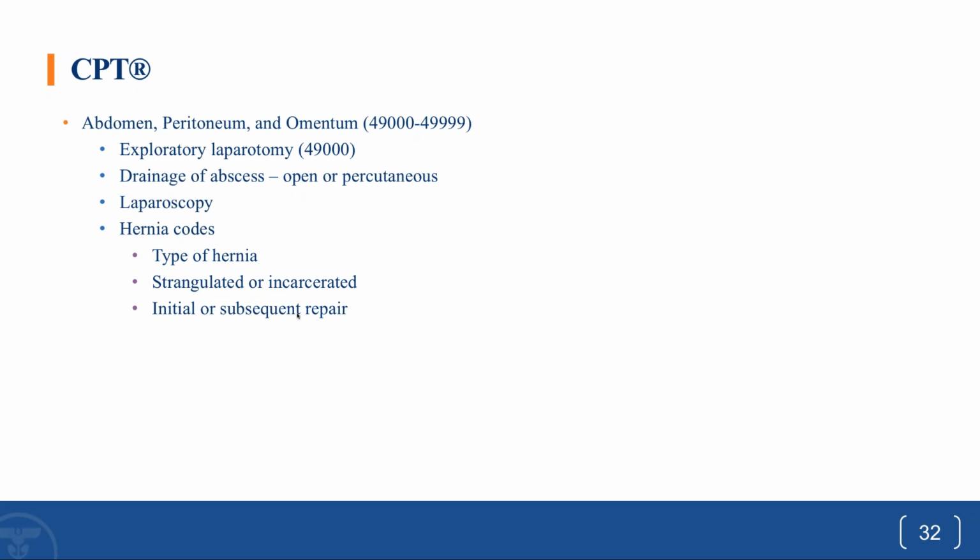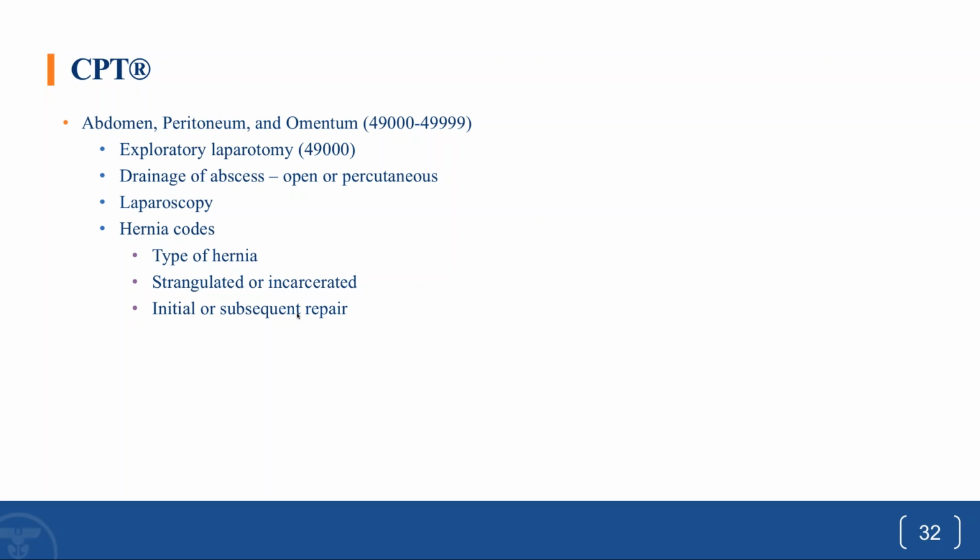Okay, let's see. CPT code 49652. It says laparoscopy, surgical repair. It tells you the types of hernia. It could be a ventral, umbilical, epigastric, and then in parentheses it says includes mesh insertion when performed, right?